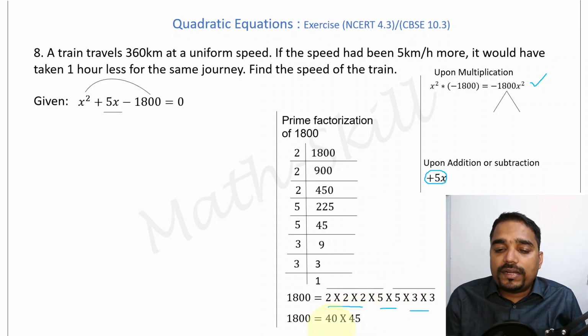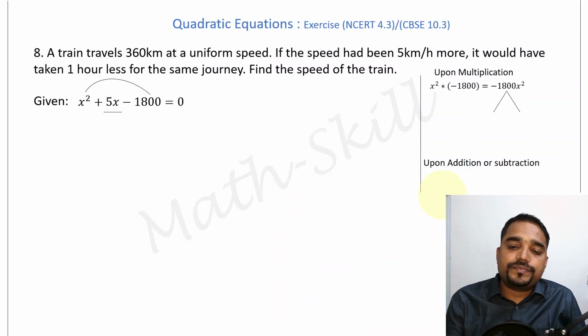That is, the two factors can be selected as 40 and 45 because we want plus 5x. So out of these two numbers, let us take plus for 45x and minus for 40x. That is, plus 45x minus 40x is plus 5x.